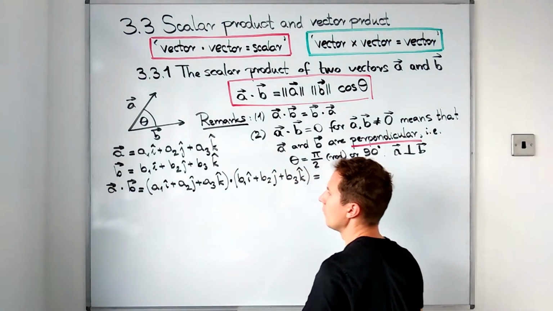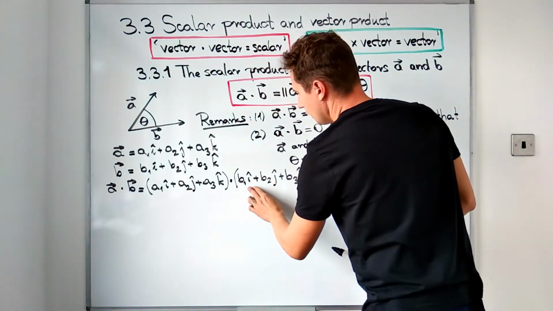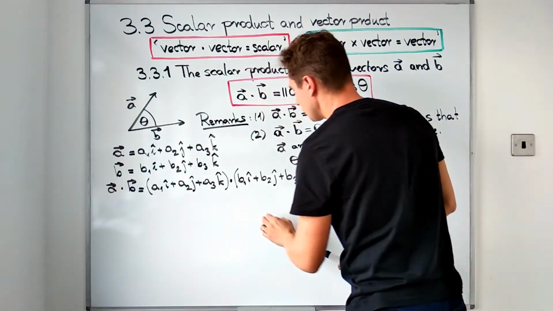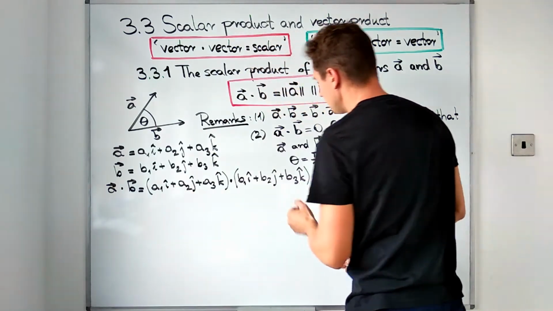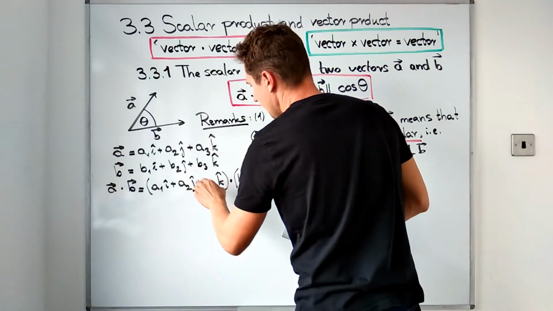Now if we expand this product, we'll get all sorts of terms involving the scalar products of these basis vectors i hat, j hat, and k hat.